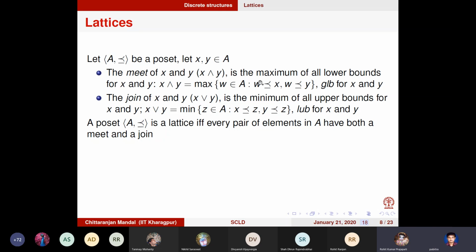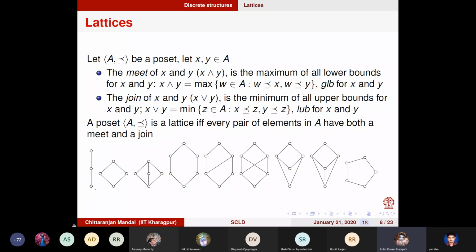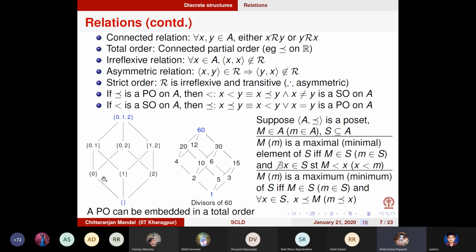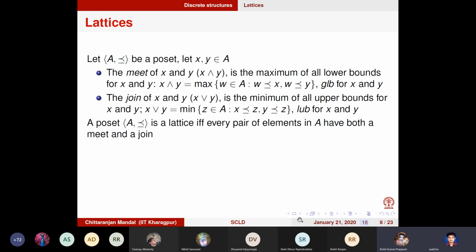Okay, so what is the definition? The definition is as follows. For x, y, find out all the w's in A, so that w is less than equal to x, and w is also less than equal to y.